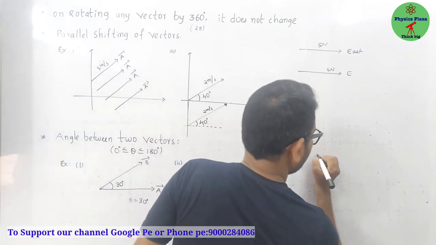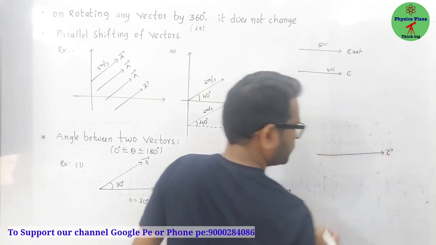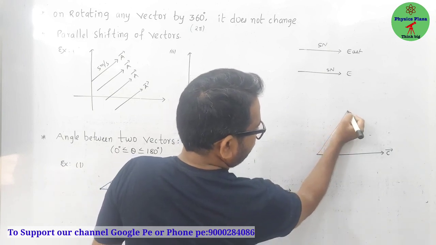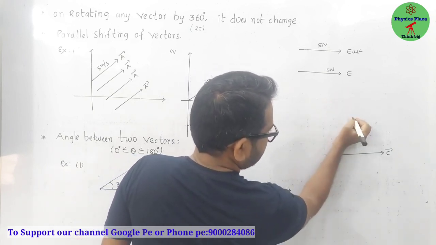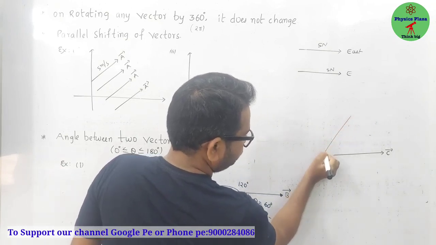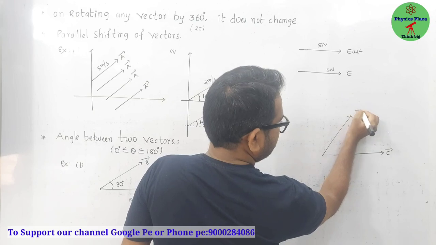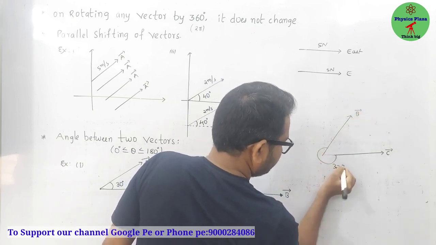Here is one vector like this, let us say vector C, and it is given one more vector, let me draw here. So for suppose it is given like this, and this angle is, for example, 320 degrees.